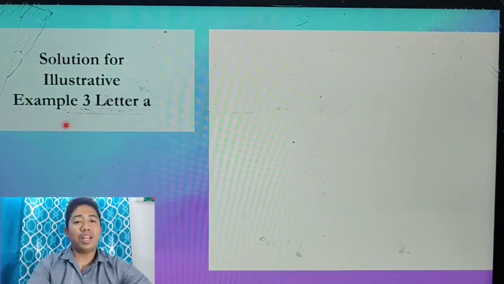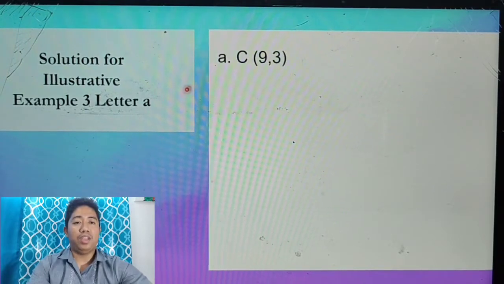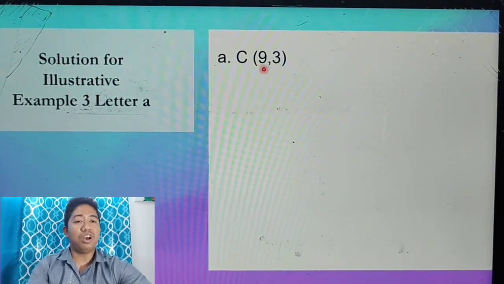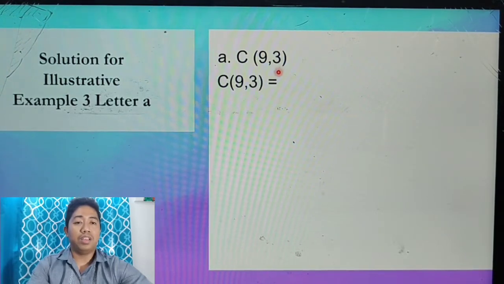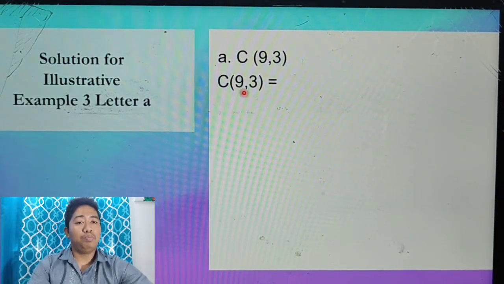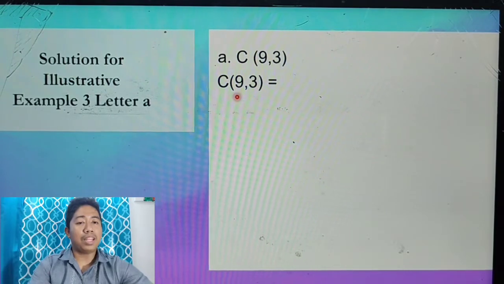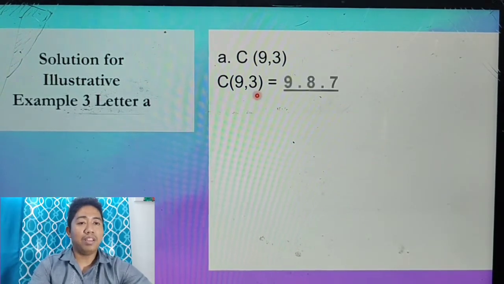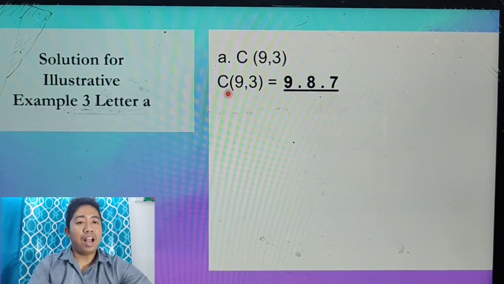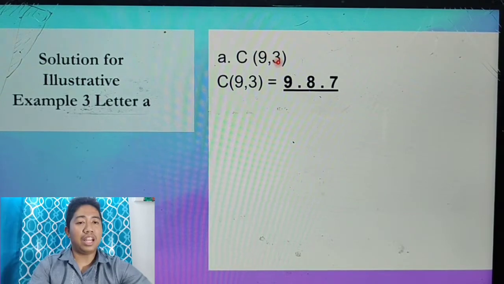So let us start with example number 3, letter A. Given the combination of 9 taken 3 at a time, we need to evaluate. We put first the mathematical expression, combination of 9 taken 3 at a time. The values of n and r are 9 and 3.